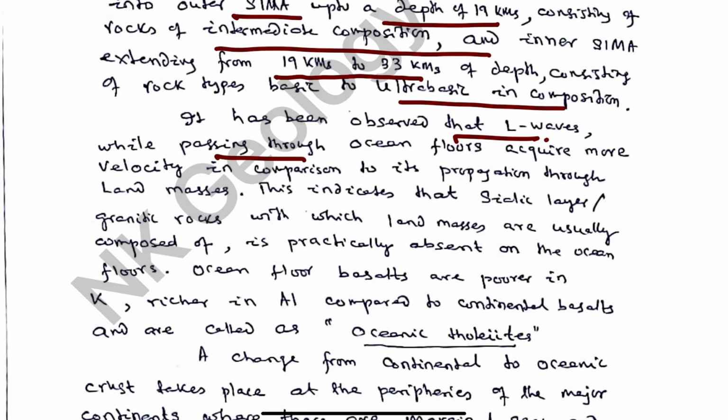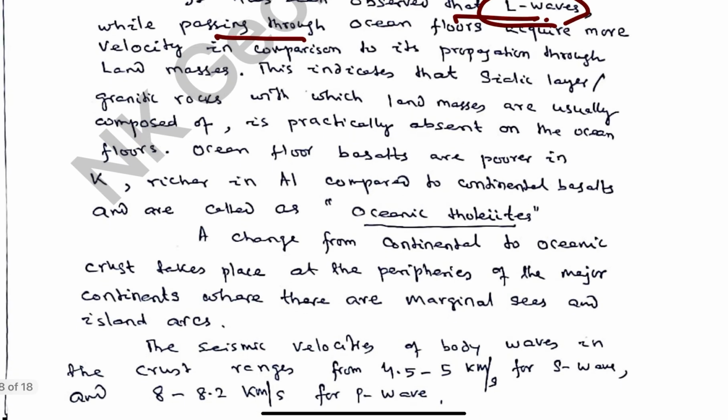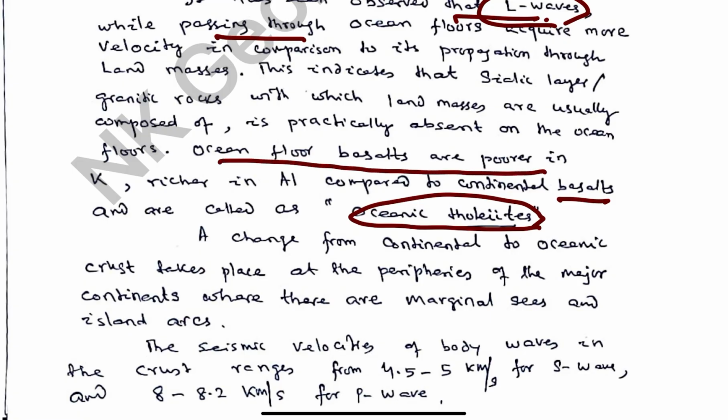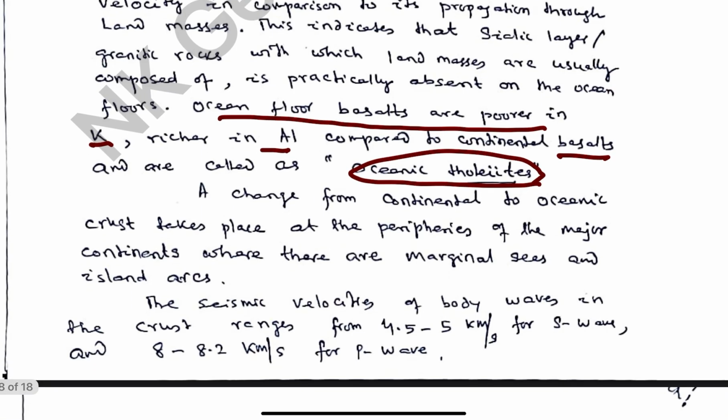As continental crust is absent in oceanic crust, the L waves are higher in value, which proves that the continental crust is absent in the oceanic lithosphere, and oceanic rocks are called oceanic tholeiites. And there are continental basalts, no doubt, but their composition is different from the oceanic basalts. Ocean floor basalts are poorer in K and richer in aluminum compared to continental basalts, and these are known as oceanic tholeiites.